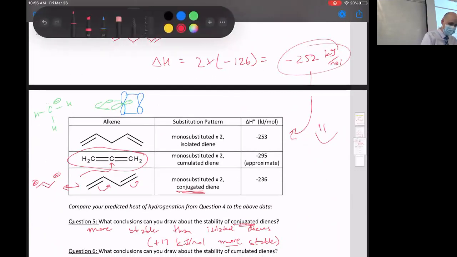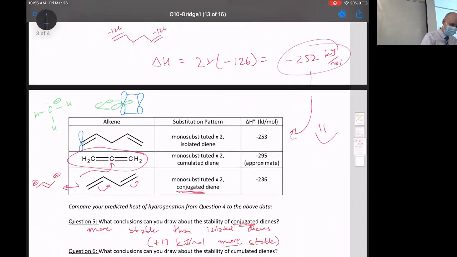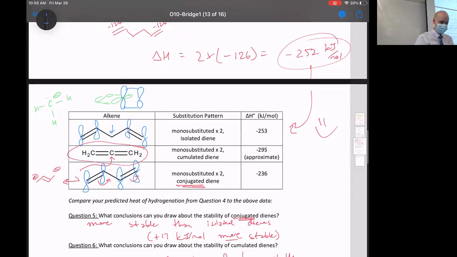If we were to draw out these p orbitals, we would see that there's p, and then you've got this interruption right here, and then there's p and p. So there's no interaction there. But in this conjugated system, we've got a p orbital and a p orbital, and then these also have p orbitals. So there's an extended cloud of p orbitals that goes across the entire molecule, and they can interact with each other, and that's where that stability comes from.